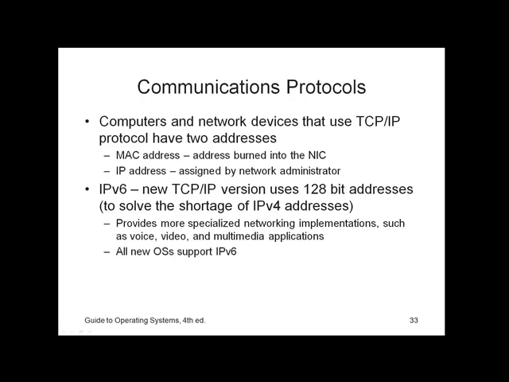IPv6, or IP version 6, provides a more specialized networking implementation such as voice, video, and multimedia applications. And all new operating systems today do support the use of IPv6.